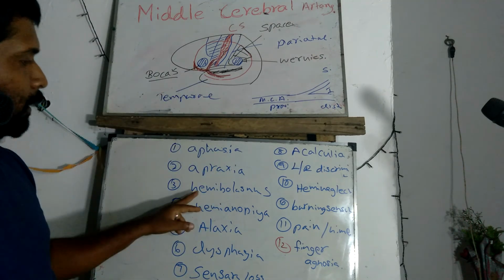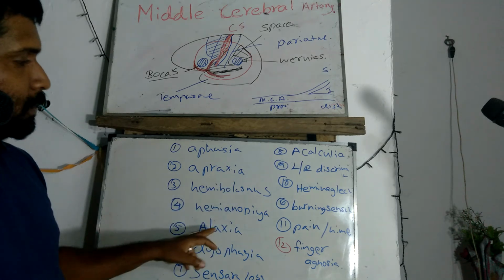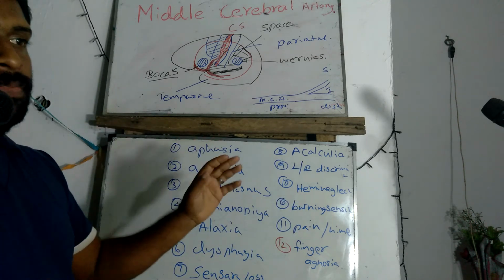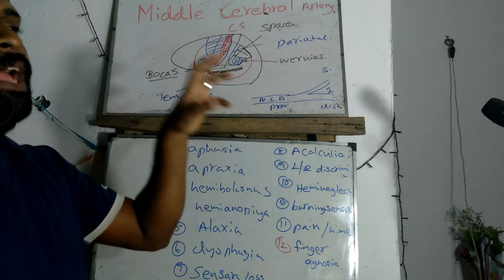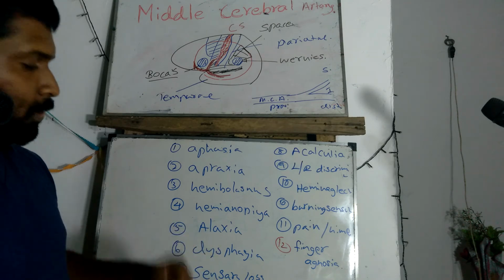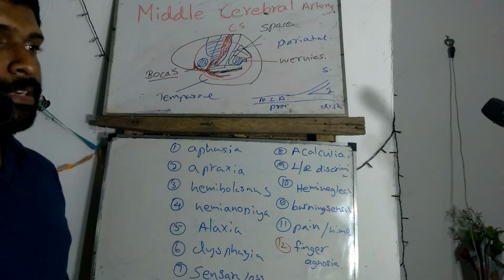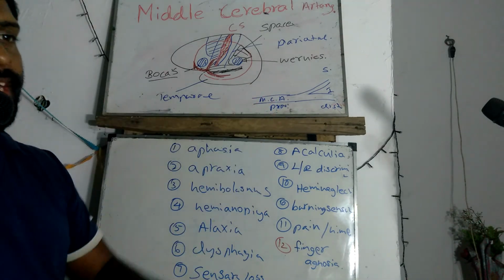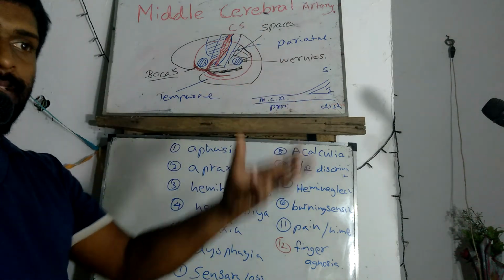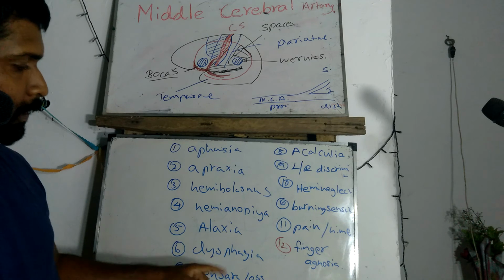Hemiballismus and hemianopia, damage to the visual field. Alexia: can't write, can't read, can't identify faces, can't identify objects, can't name them. That is the most important point.